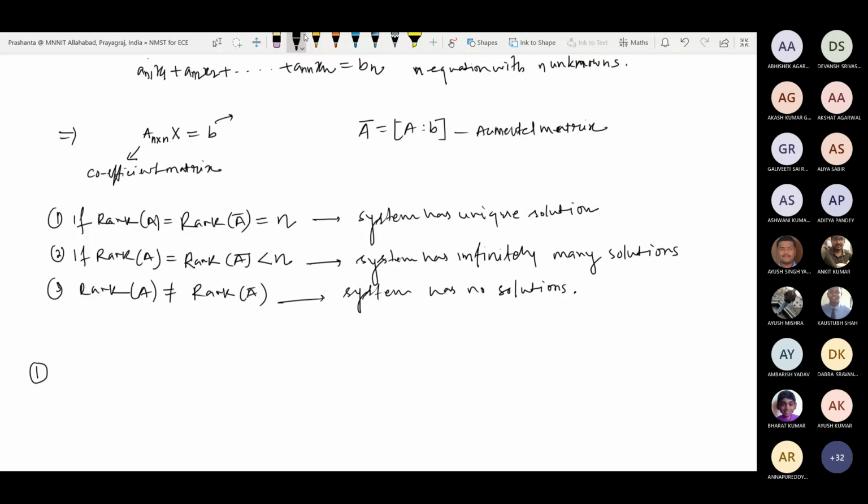First will be the LU decomposition method. LU decomposition method means we'll be decomposing the coefficient matrix A into a product of a lower triangular matrix and an upper triangular matrix.